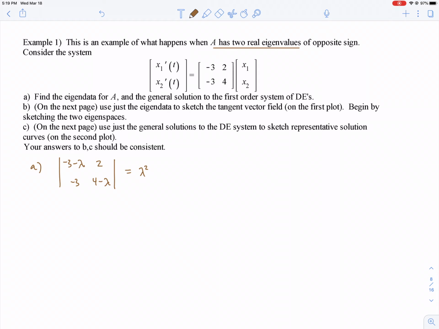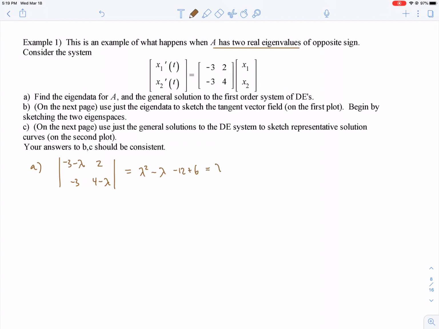In the diagonal product, I also see a minus 4 lambda plus a 3 lambda, which is minus lambda. And then the constant terms come from both products in the determinant. So if the diagonal product gives me a minus 12, minus the off diagonal gives me plus 6.